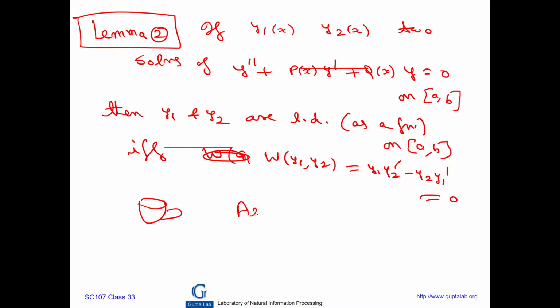So assume, I am giving you a hint, assume y2 is c times y1. ये assume कर लो, डिपेंडेंट है तो मतलब y2 is a combination of y1, right? Substitute कर दो, you will see the value is 0, right? ठीक है, fairly straightforward thing. तो lemma 2 भी हो गया.